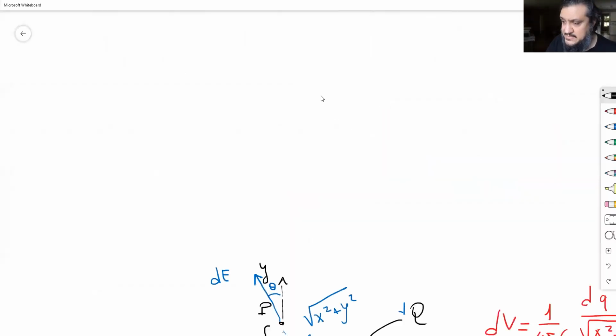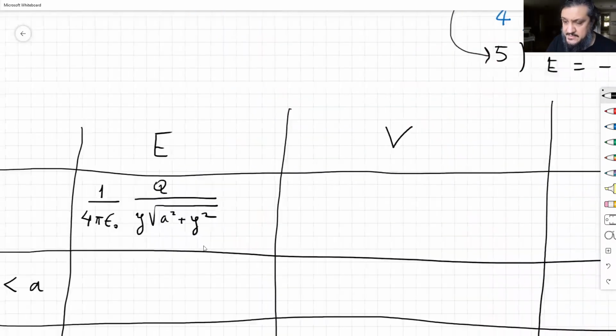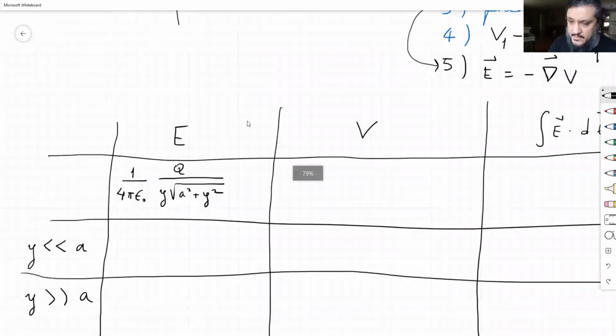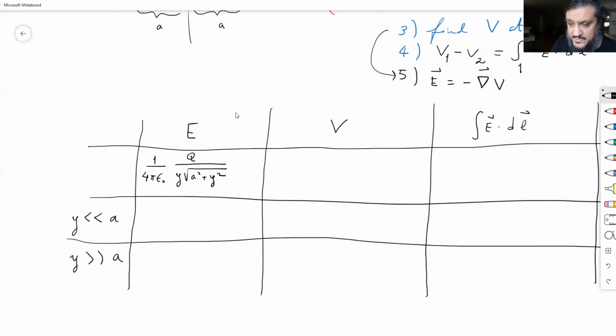Now I'm going to apply the same thing to electric potential. In these limits, what do I have? When you're really close to the charge, y much less than a, then we have lambda divided by 2 pi epsilon 0 y, and in the other limit, 1 over 4 pi epsilon 0 q over y squared.